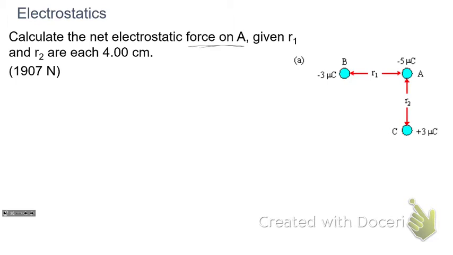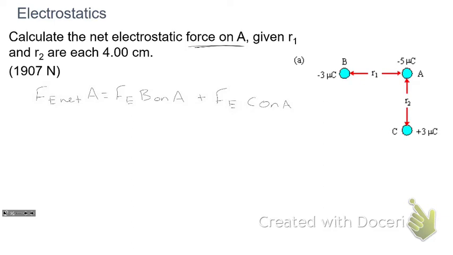We are concerned about A, so the electrostatic net force at A is equal to the electrostatic force of B on A plus the electrostatic force of C on A.